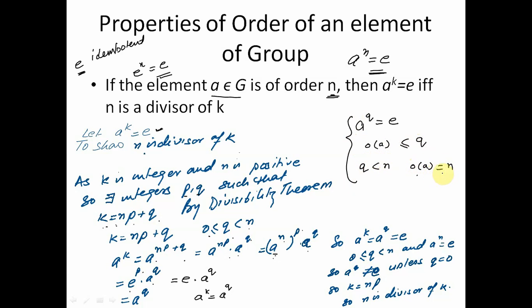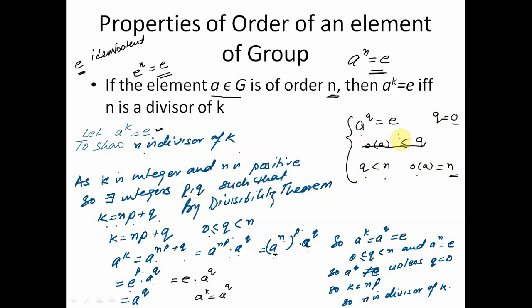If the order of a is equal to n, that means n is the smallest positive integer such that a to the power n is equal to e, and I am having q less than n and a to the power q is equal to e. So this is a dilemma and it cannot be true unless we say that q is equal to 0.